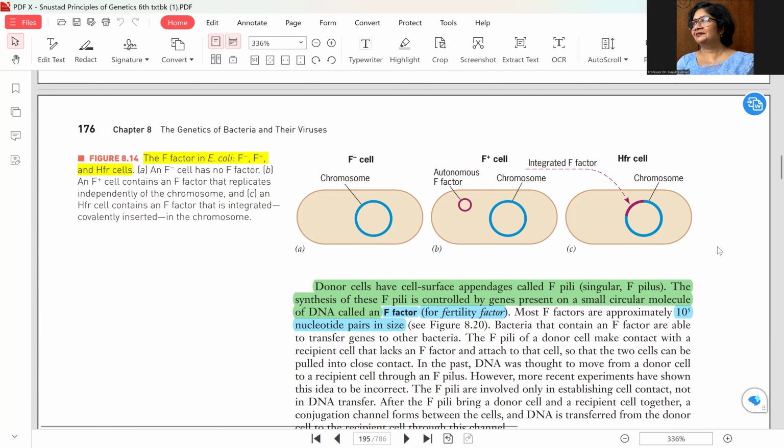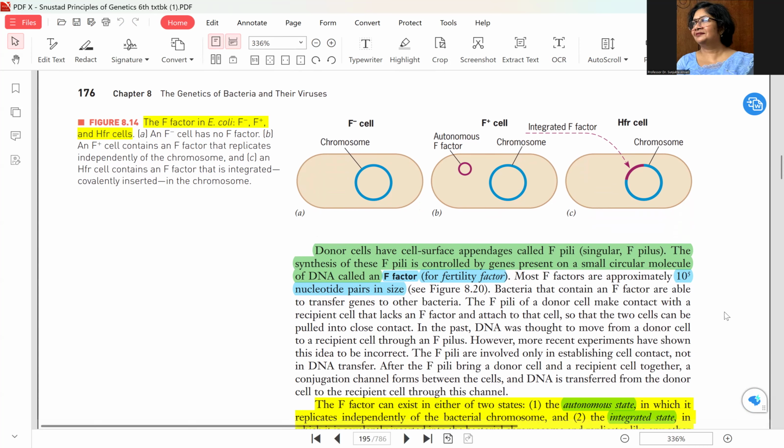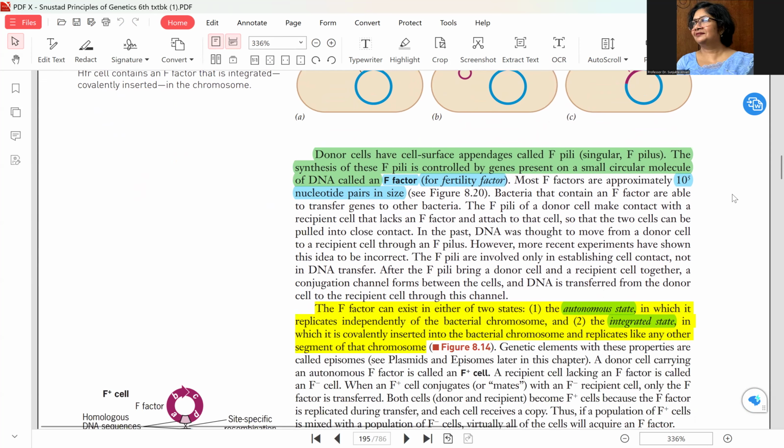Why? Because when F factor is integrated into the bacterial chromosome, then the bacteria shows a very high frequency of transferring its F factor to other cells by conjugation when compared to just F plus cells. That is, bacteria with F plus cells free in the cytoplasm have a lesser tendency to transfer the F factor by conjugation than those in which the F factor is present as an integrated form in the bacterial chromosome.